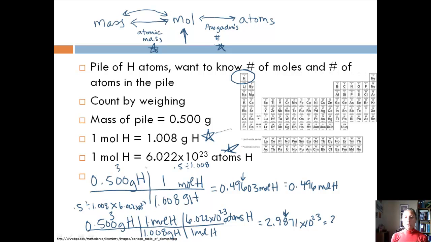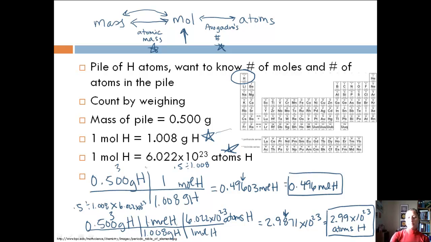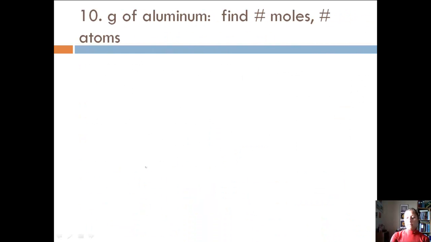And so that becomes 2.99 times 10 to the 23rd. Don't forget units, atoms of hydrogen. And so I'm using 2 steps to convert from grams to moles and then to atoms. If I wanted to just go to moles, I would just do this first part, and this would be my answer.